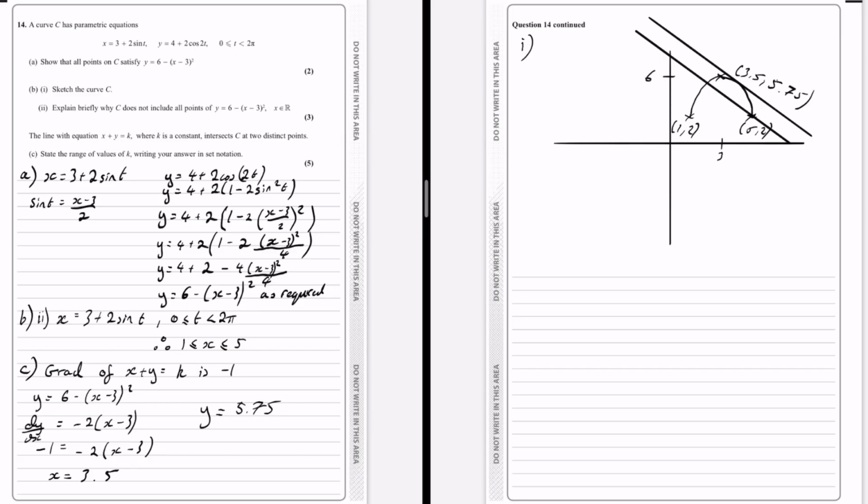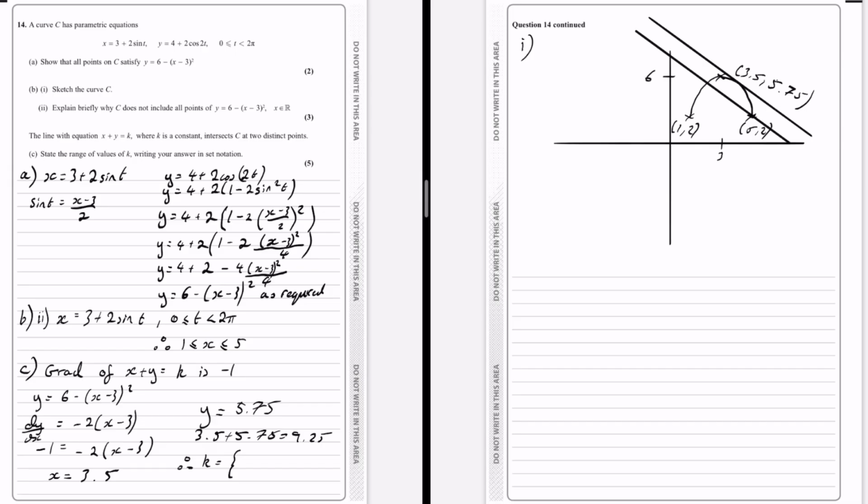That allows us to find our upper bound for k. The second line passes through the point (5, 2). If the line were any more to the lower left of that, then it's only going to intersect C once. And so that gives us the lower bound for k.